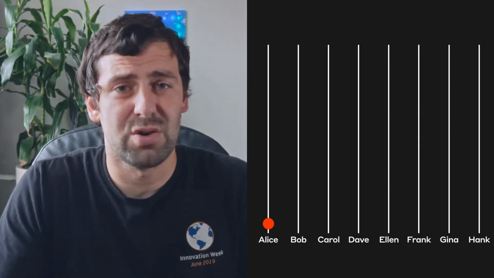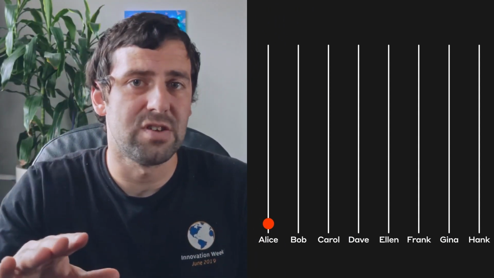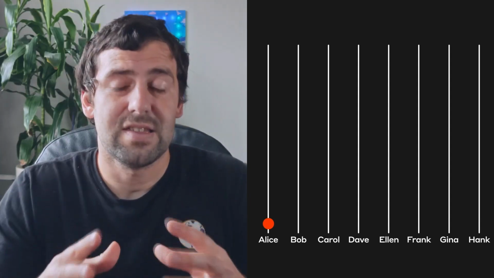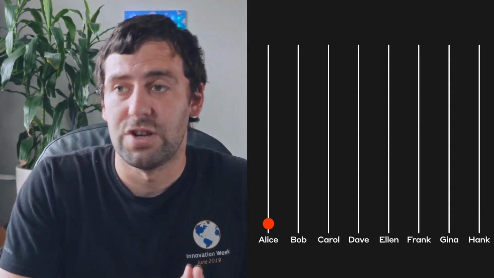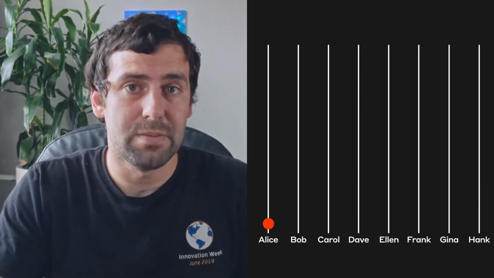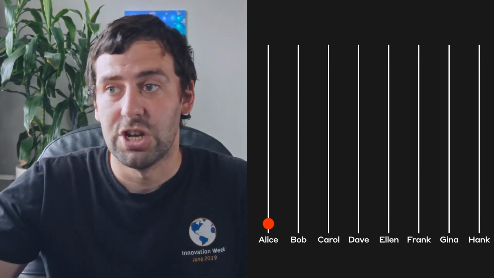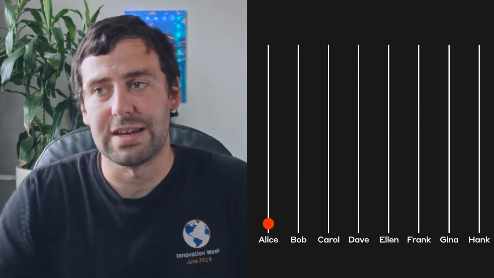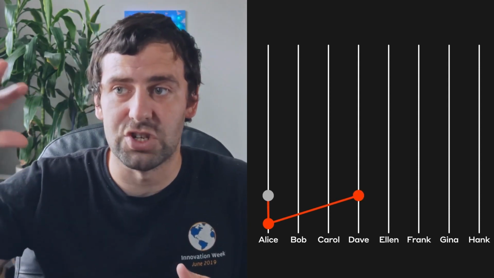Let's imagine that we have 8 nodes, for example, because in reality there are way more nodes, but for the simplicity of this example, let's stick with 8. Let's say that Alice, one of the node operators, wants to initiate a transaction, and she puts it in a message and sends that message to another random node. In our case, let's say she sends the message to Dave.